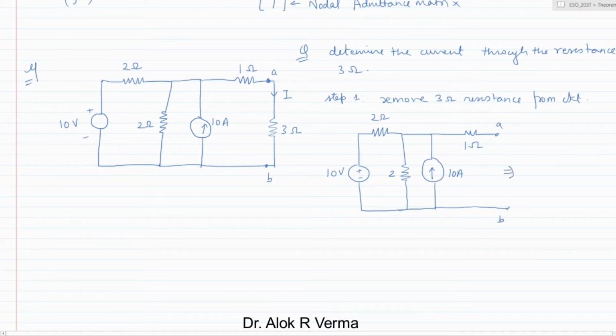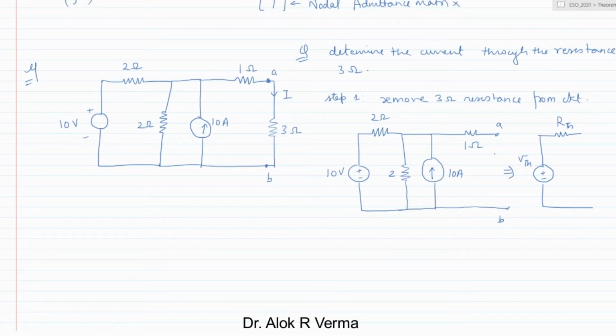Now Thevenin's theorem says that we can replace this complete circuit by one circuit of this kind. This is RTH and this is VTH. So we have to convert this to find RTH and VTH. Now let us see by how many methods we can solve this circuit.